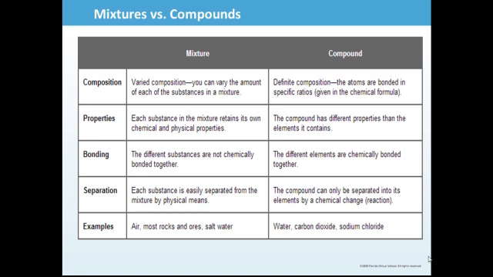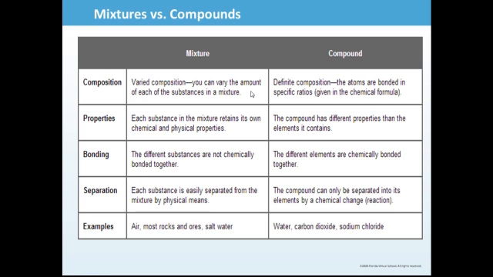A mixture has varied composition. In a mixture, you're mixing two substances, so the amounts could be different. Properties: inside a mixture, everything remains the same. If you mix salt and pepper, it's still salt and pepper, just mixed together. They have not chemically combined to form a new substance.